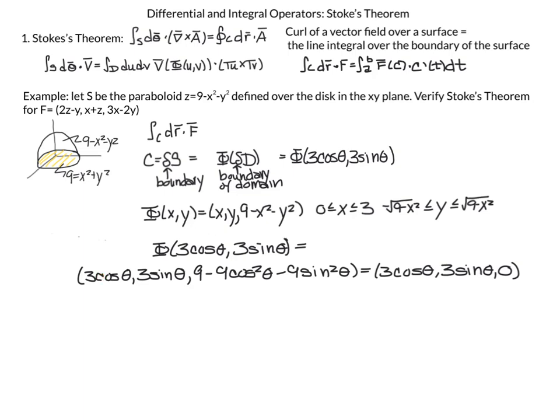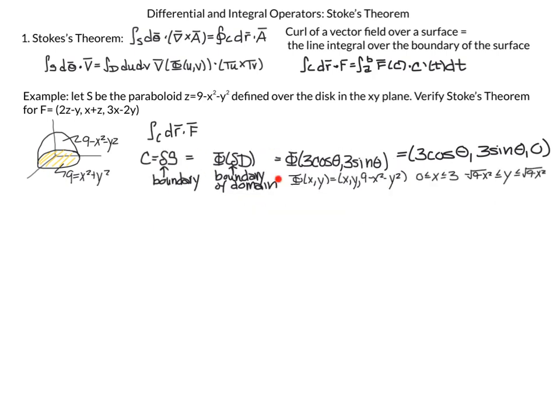My x is 3 cosine theta, my y is 3 sine theta, my z is going to be 9 minus x squared, which is 9 cosine squared theta, and then minus y squared, which is minus 9 sine squared theta. This here becomes 0. So now my curve is simply 3 cosine theta, 3 sine theta, 0, which is exactly what we were guessing it was going to be, this circle of radius 3.